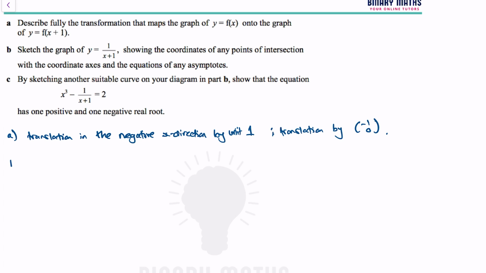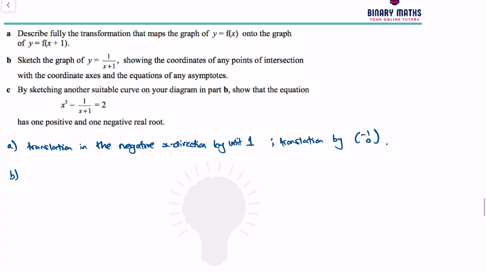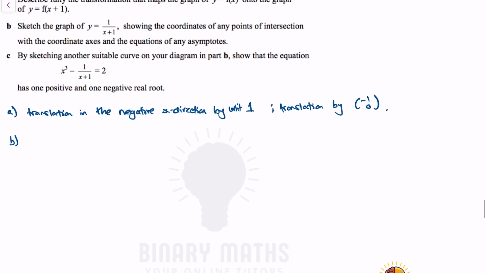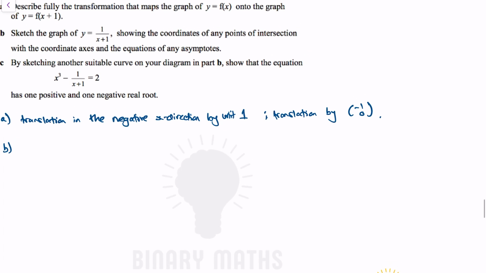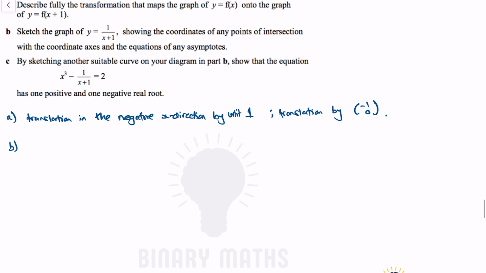Okay, B is sketch the graph of y is equal to 1 over x plus 1, showing the coordinates of any points of intersection with the coordinate axes and the equations of any asymptotes. So y is equal to 1 over x plus 1 is the reciprocal function translated in the x direction by negative 1. So that means the reciprocal function shifted in the negative x direction by 1 unit.